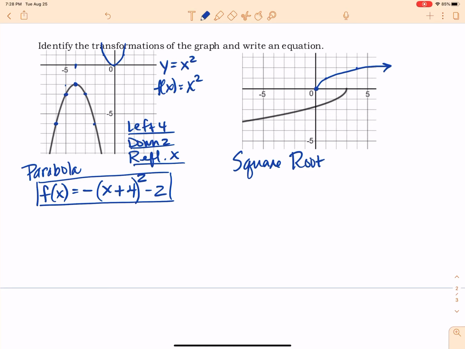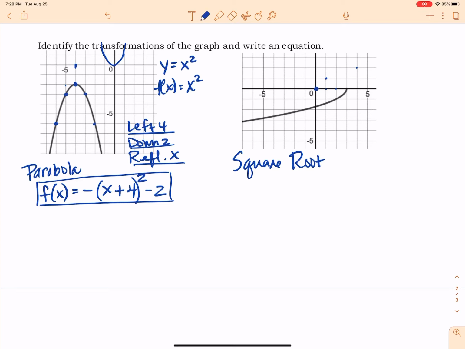So let's say we move to the right 3. 1, 2, 3. So this would move that just like that. And then what if we reflected it over x? That doesn't give me that. Okay, so that's not going to work.